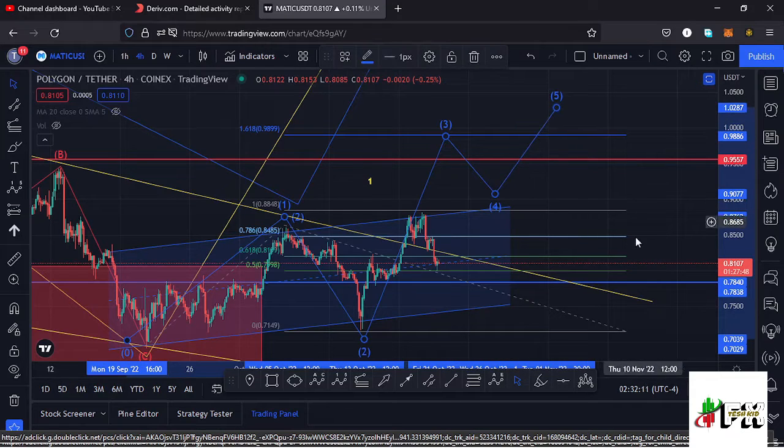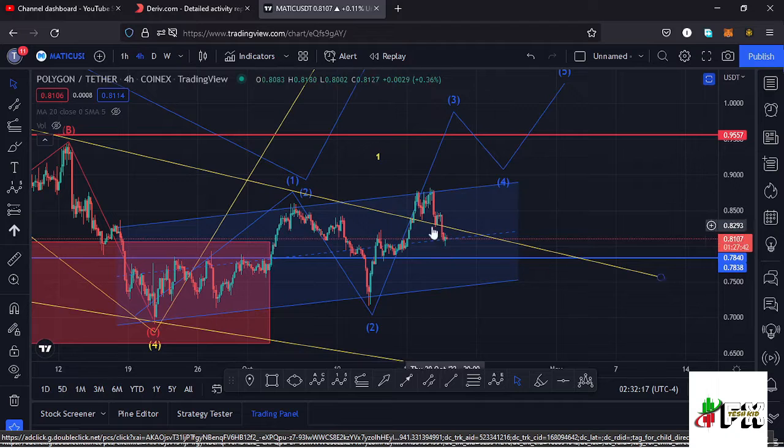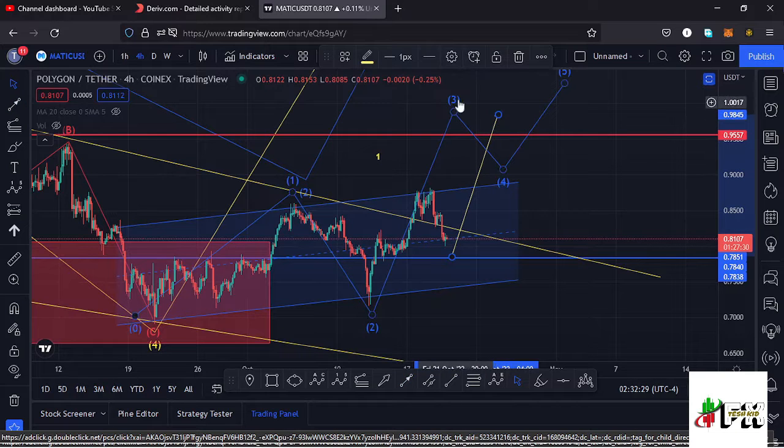So there's a possibility that continuing trading within these channels that I have right here, we might get back to around the $0.78 mark, which is a key area of support, then find support at that key area of support and see a very nice bounce to the upper side, bouncing back into the target area for that third wave to the upper side, and also manage to break above the key area of resistance at around the $0.95 mark.